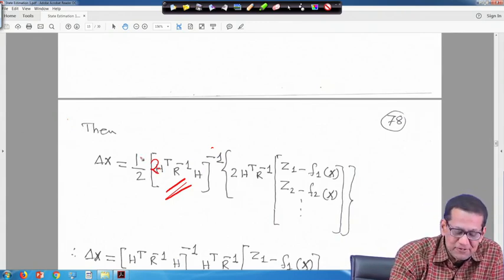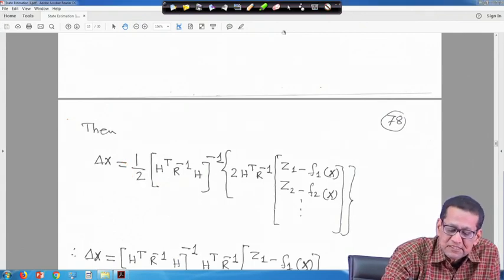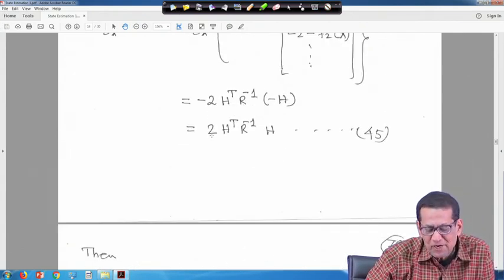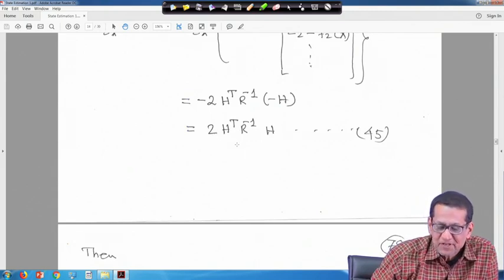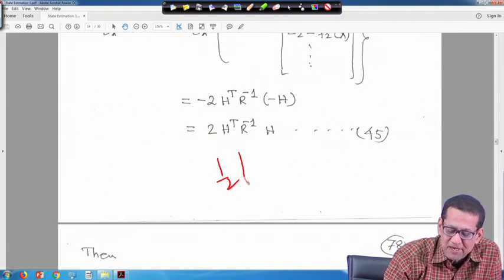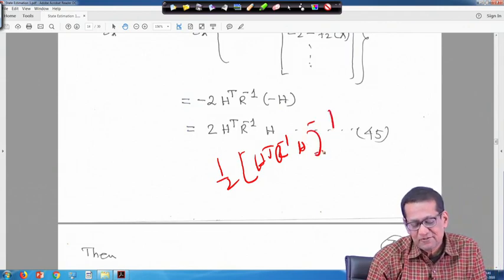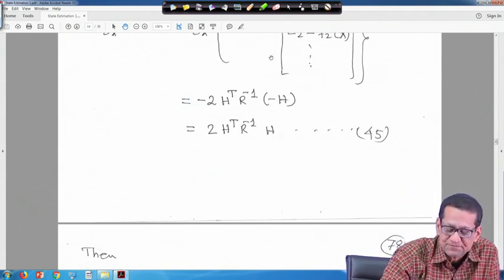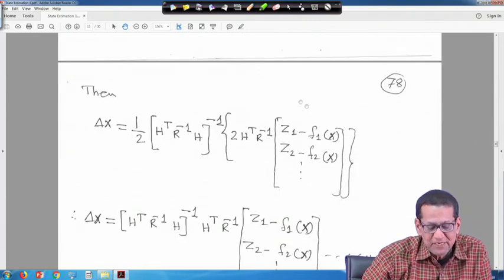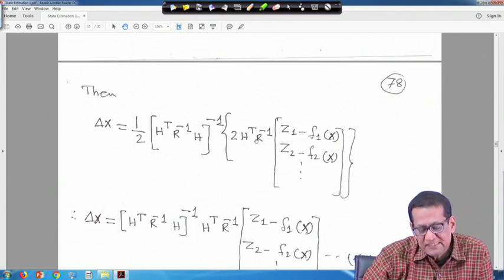Because of this 2, when you take the inverse, it will be half, and then H transpose R inverse H inverse, right. That is what we have written here: half H transpose R inverse H whole inverse into the 2 H transpose R inverse Z 1 minus f 1 x, Z 2 minus f 2 x, and so on, right.